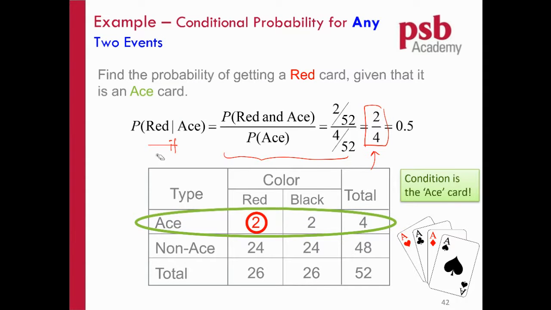If I get an ace, what is the chance it is a red one? So it's just 2 out of 4. If you would like to use a formula, no problem, but you don't really need to, and you still can find out the answer. Let's look at another question.